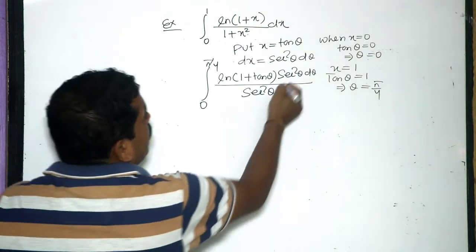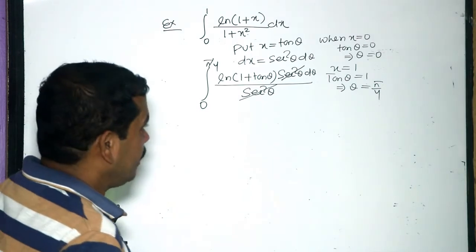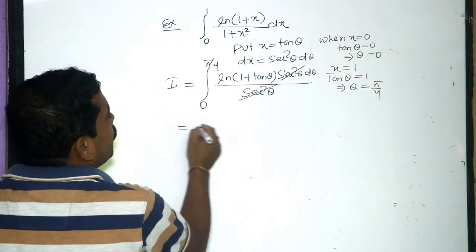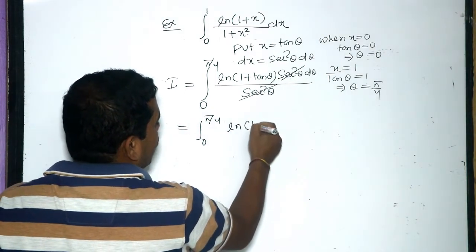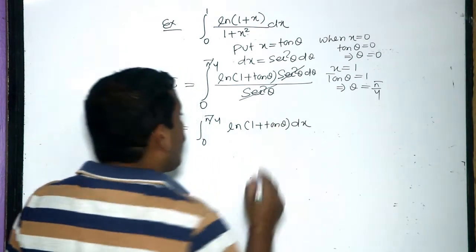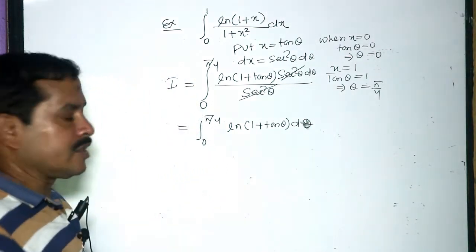Now the numerator is sec square theta and the denominator is also sec square theta. So cancelling this term, we have I equals 0 to pi by 4 log(1 plus tan theta) d theta. Without properties, we cannot evaluate this type of definite integration.